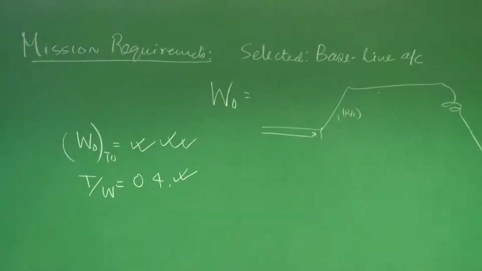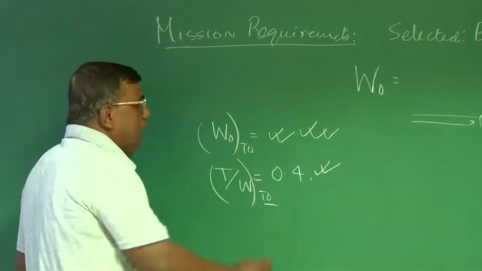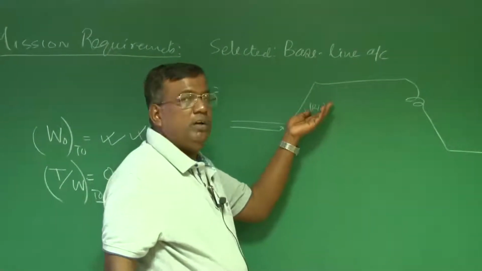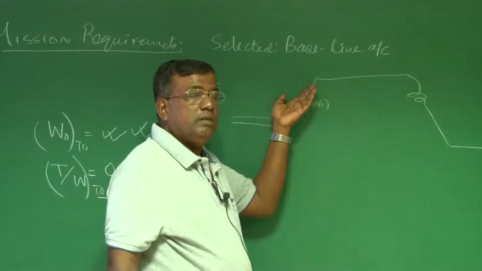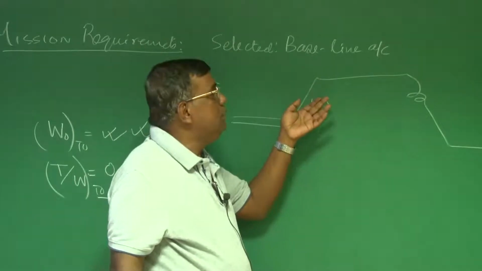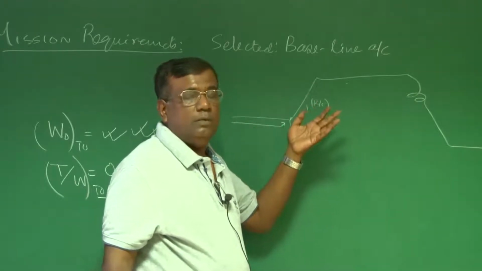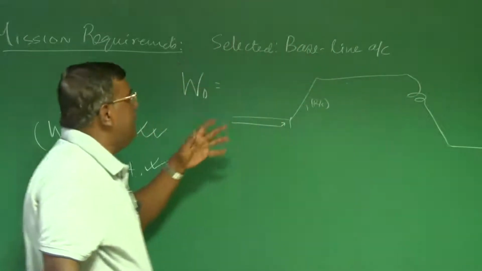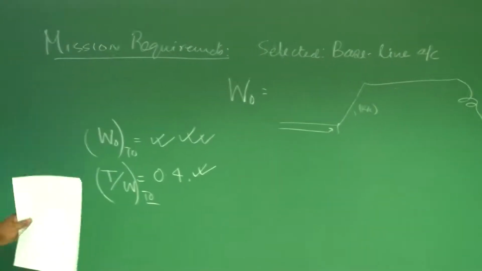When I try to write T by W takeoff, I know very well that as the airplane is climbing, weight is going on reducing, and even the thrust is going on reducing, thrust available because of the density effect. And if it's a propeller driven airplane, we have to talk about the dynamic thrust. Similarly here, we have given a correction and said, okay, what should be T by W takeoff? Let's say this number is known.